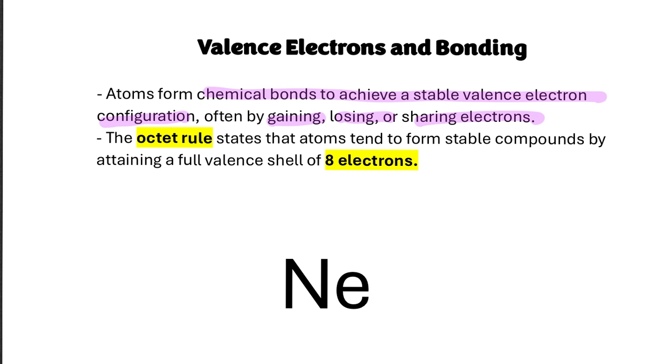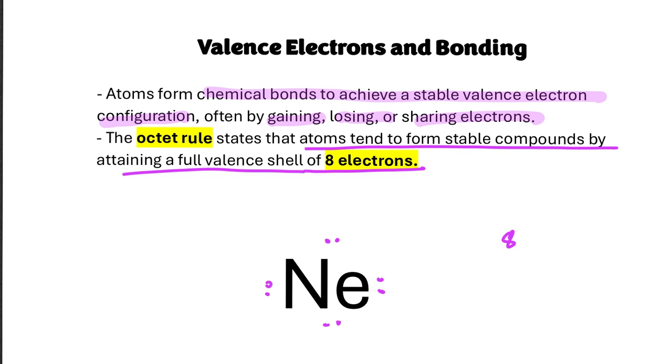The octet rule states that atoms tend to form stable compounds by attaining a full valence shell of 8 electrons, as I said earlier. For example, neon is present in group number 18, so it has 8 valence electrons. And how are we going to draw it? By the dots. 8 electrons means it is following the octet rule. It means it has 8 electrons, so it's a stable atom.